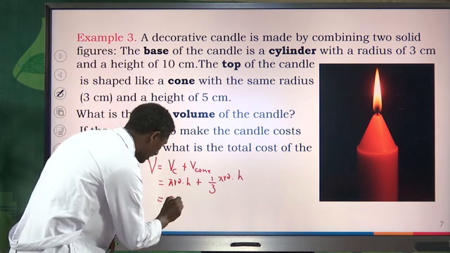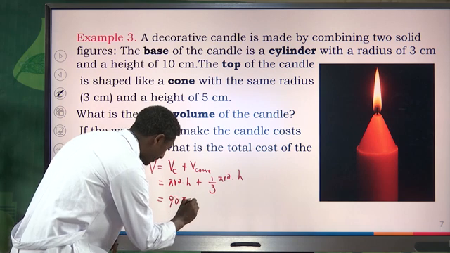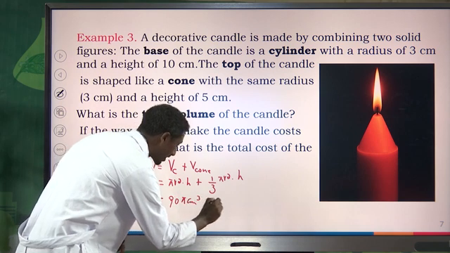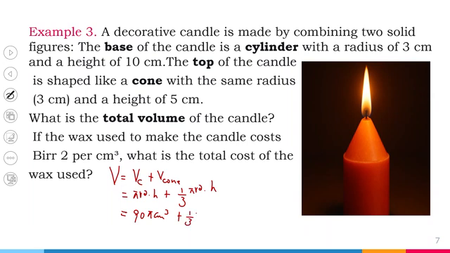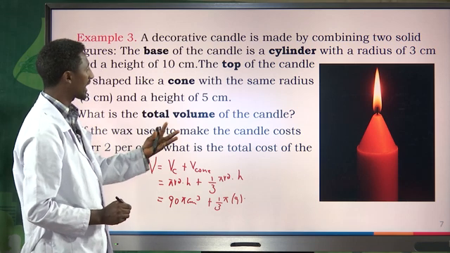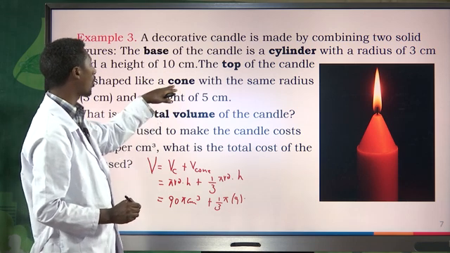So 90 pi centimeter cube plus 1 over 3 pi times the radius of the cone, which is also the same as the radius of the cylinder, 3 centimeter. So 3 the whole square is 9 times what is the height of the cone part?